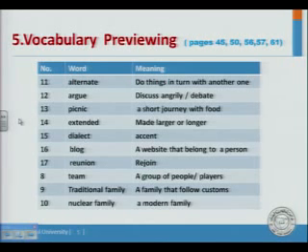And the next, or the last one here today, is nuclear family. It means modern family. The difference between traditional and nuclear is about the number of members who live with each other.